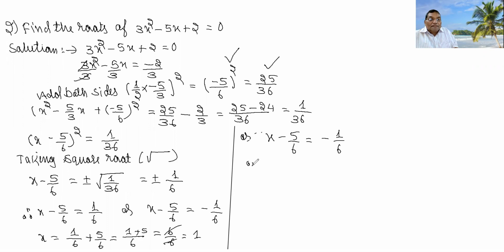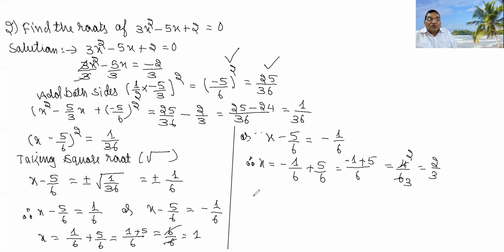And therefore, x equal to, transfer this minus 5 by 6 to the other side. This is minus 1 upon 6 plus 5 by 6. Simplify, 6 is LCM. This is minus 1 plus 5 after taking LCM. This is 4 upon 6. Then cancellation, 2 into 1, 2 into 3, and 2 upon 3.